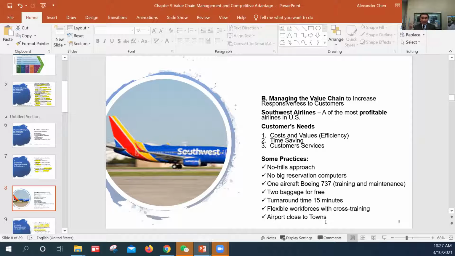Someone can pick me up easily, or I use Uber, less than $20. It's also cheaper for Southwest to rent a hub at the old airport, because everyone is using the new one, and the new one charges more money.